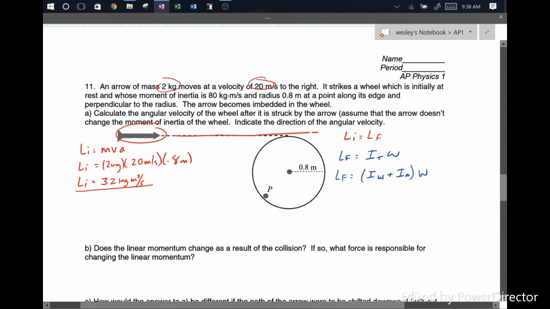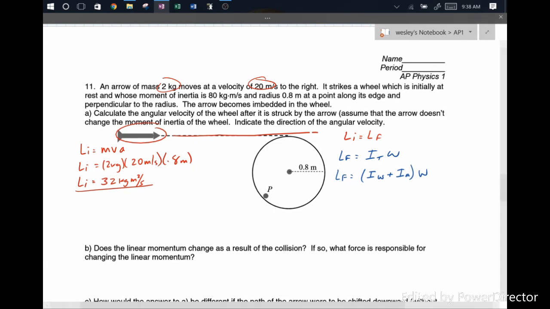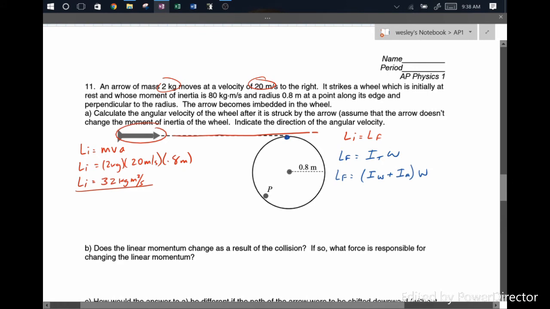When they give us the rotational inertia of the wheel, it's the arrow that's a problem. So the arrow sticks into this thing and it's going to rotate. So what we have for the arrow is a single mass rotating about a point.